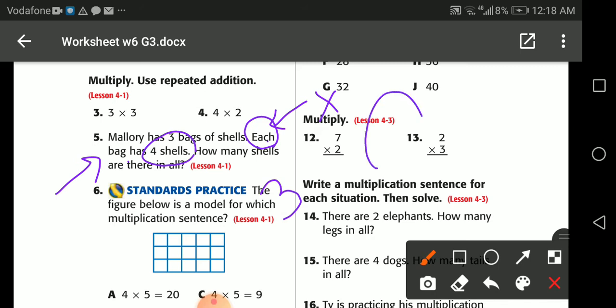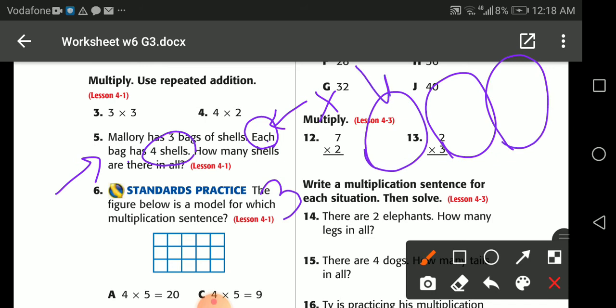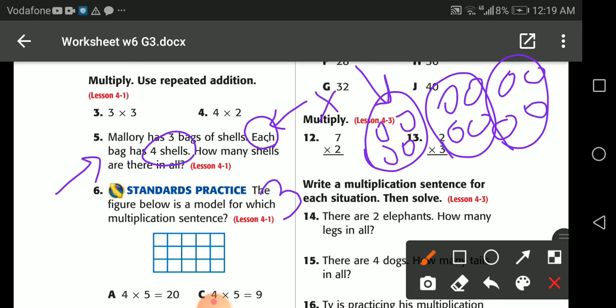We have here 3 bags. 1, 2, 3. Each bag has inside 4. 1, 2, 3, 4. 1, 2, 3, 4. 1, 2, 3, 4. How many shells are there in all? Remember, dear students, we can just add: 1, 2, 3, 4, 5, 6, 7, 8, 9, 10, 11, 12.